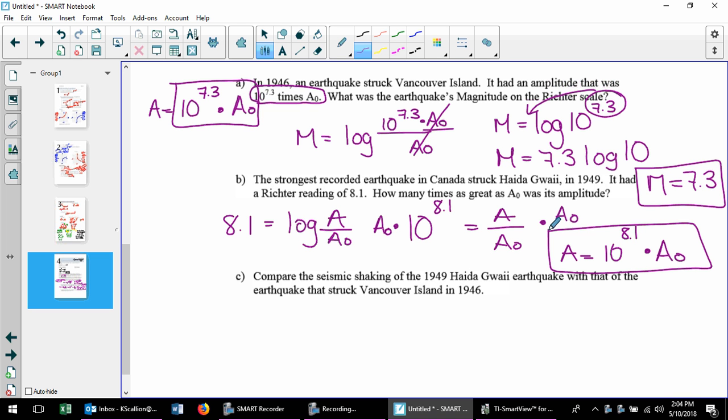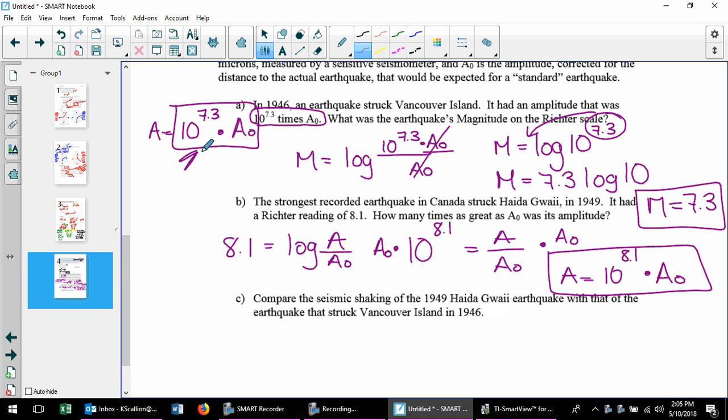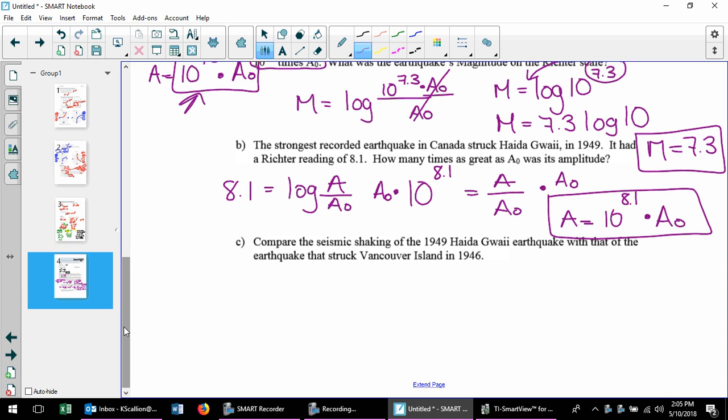Okay, so it says compare the shakiness of the 1949 earthquake with the earthquake from 1946. So what's the A value of the 46 earthquake? Not 1. When you're comparing them, which one goes on top? The first one or the second one? How come?